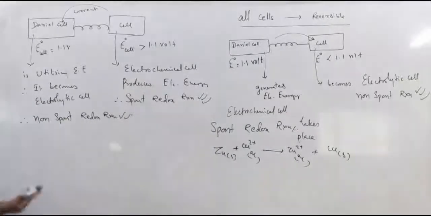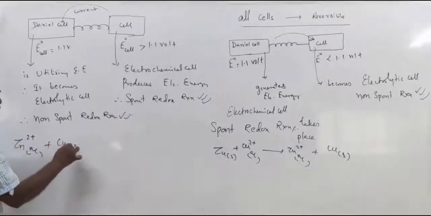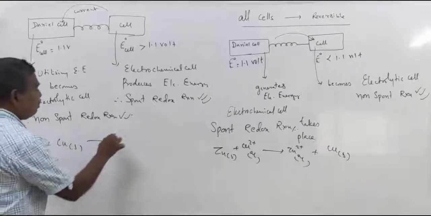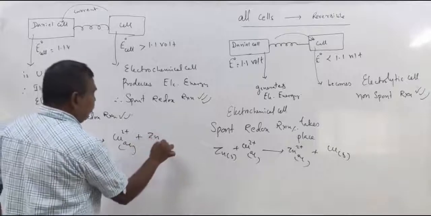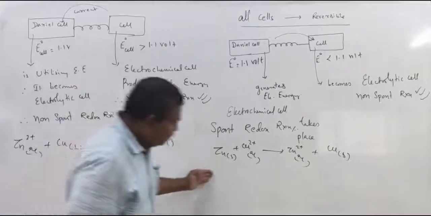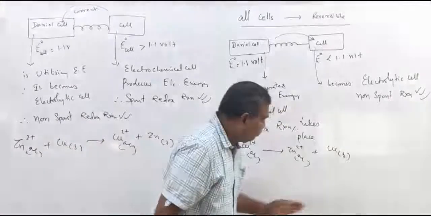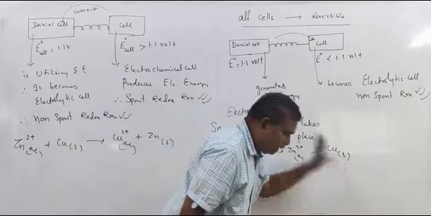So Zn2+ aqueous plus Cu solid gives Cu2+ aqueous plus Zn solid. Understood this? The forward reaction is spontaneous: zinc dissolves in the solution, copper 2+ ions are precipitated.